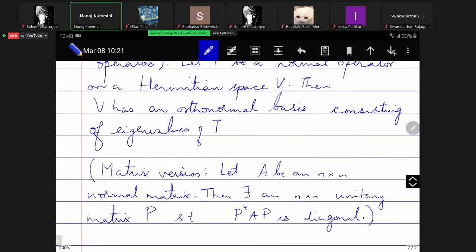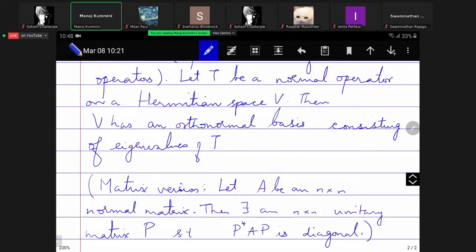Let me say in words why the matrix version is the same as the operator version. You should write down the details, and in any case, Artin's book does write down why it's the same.